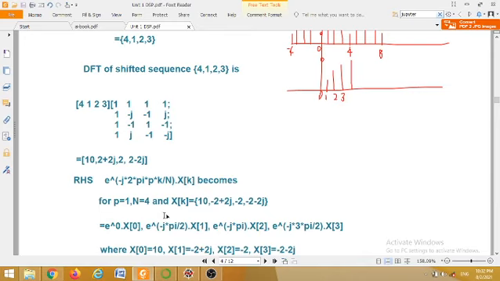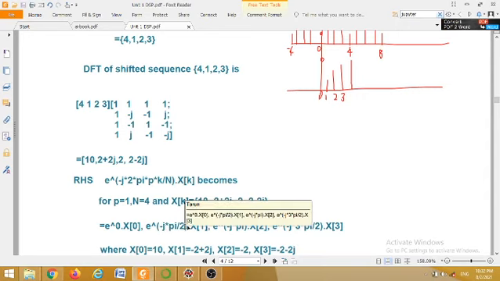The next sample is e power minus j 2 pi, with p equal to 1, k equal to 1, N equal to 4. So 1 into 1 is 1, 1 into 2 pi is 2 pi, and 2 pi by 4 gives pi by 2, that is e power minus j pi by 2.